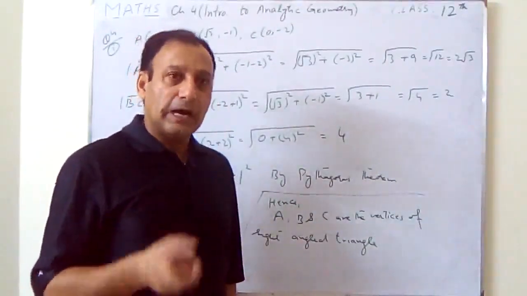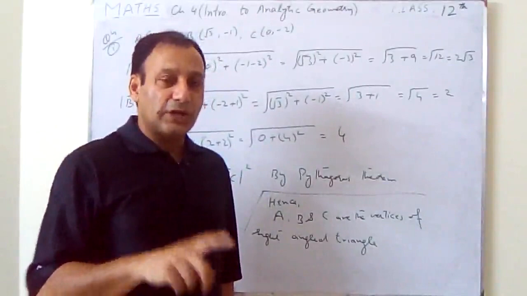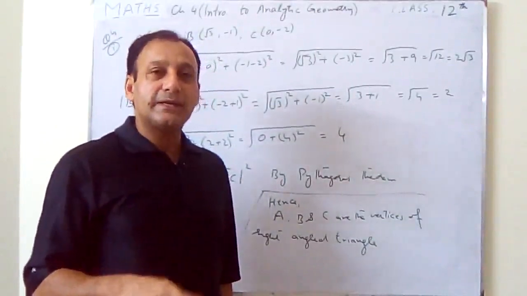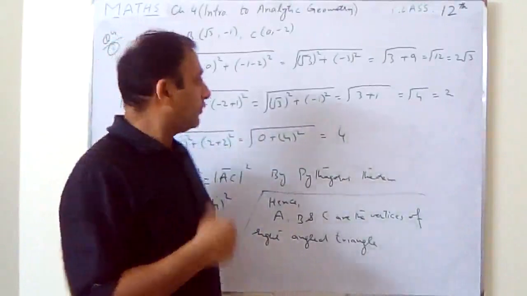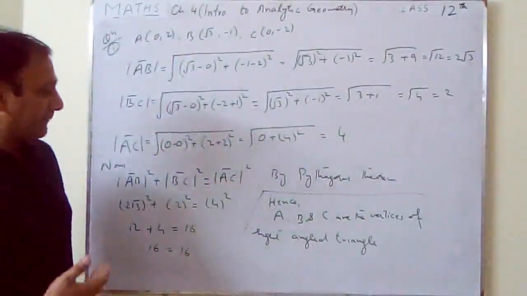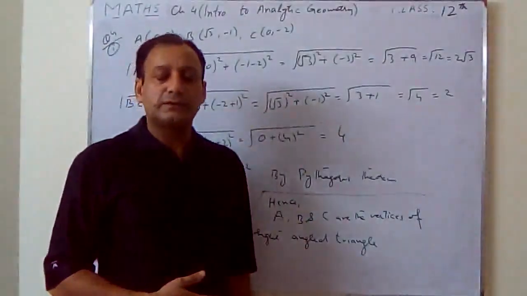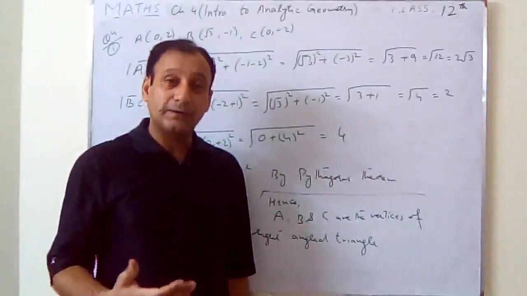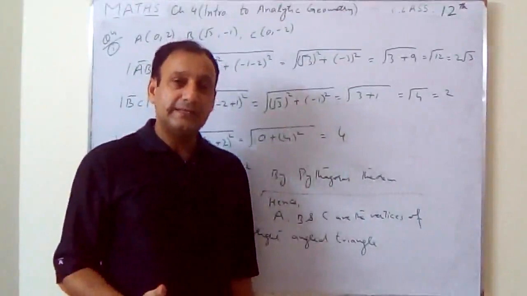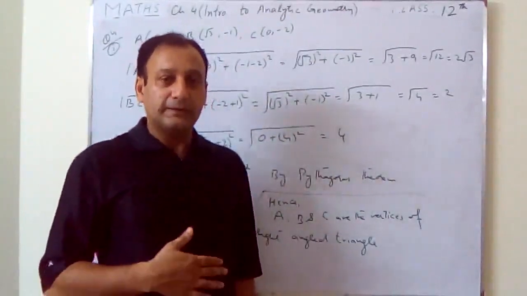Diagonals must be the same. If the diagonals are not the same and the four sides are the same, then it means it could be a rhombus rather than a square. So this is a way how to find it. We will solve the questions, but try to get the concept of this; it is very easy, not a difficult one. Thank you very much.